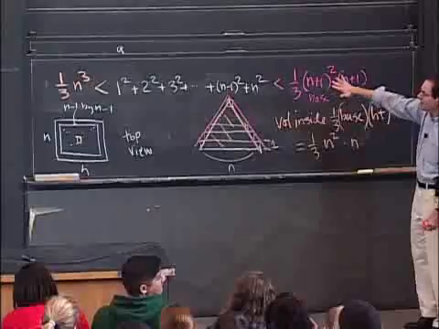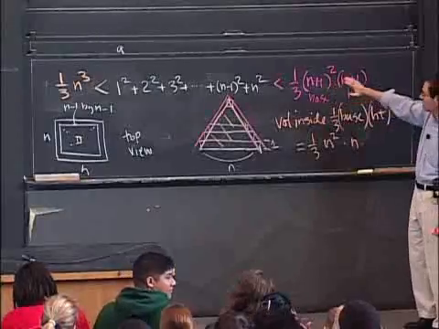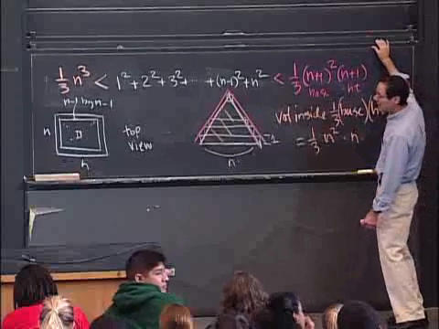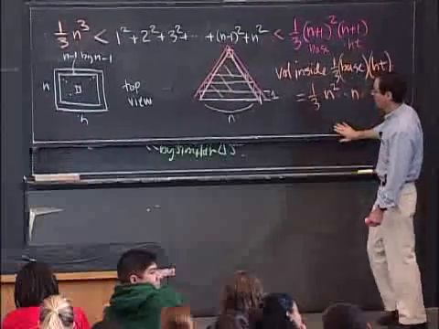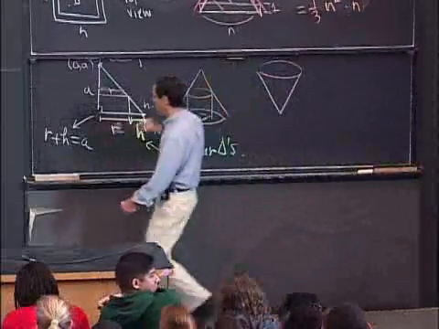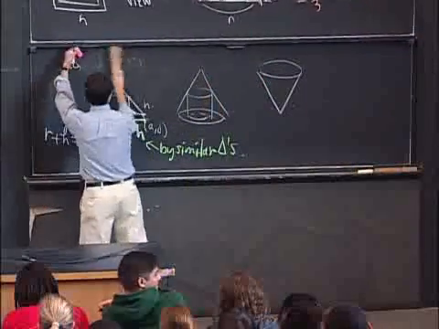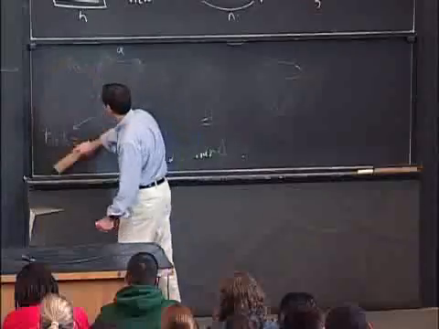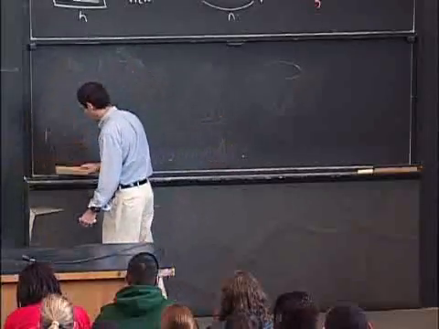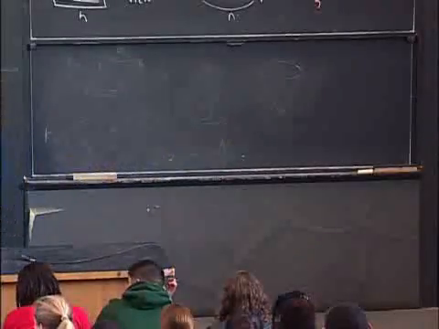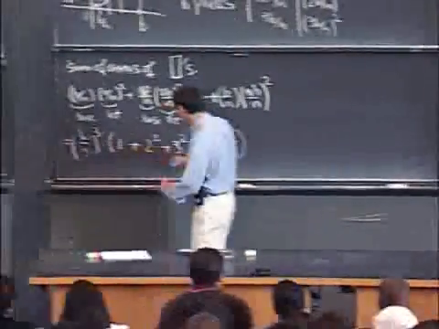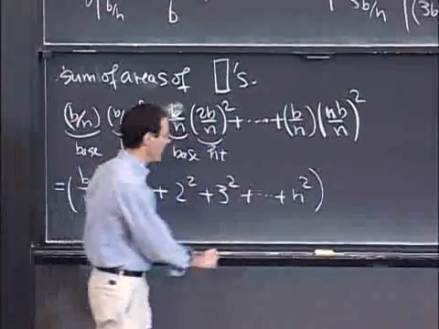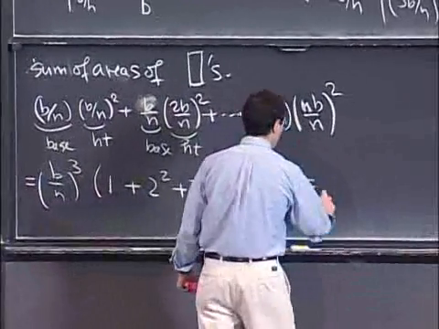All right, so I claim that I've trapped this guy in between two quantities here. And now I'm ready to take the limit. If you look at what our goal is, we want to have an expression like this, and this was the massive expression that we had, and actually, I'm going to write it differently.